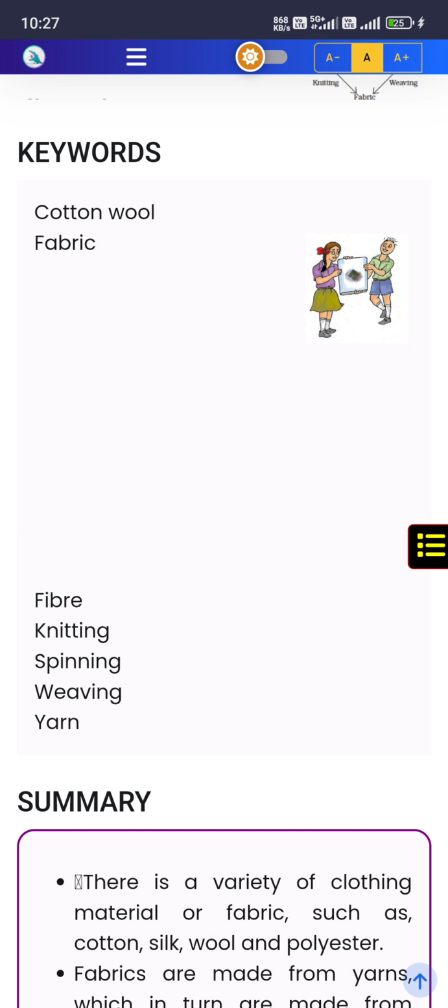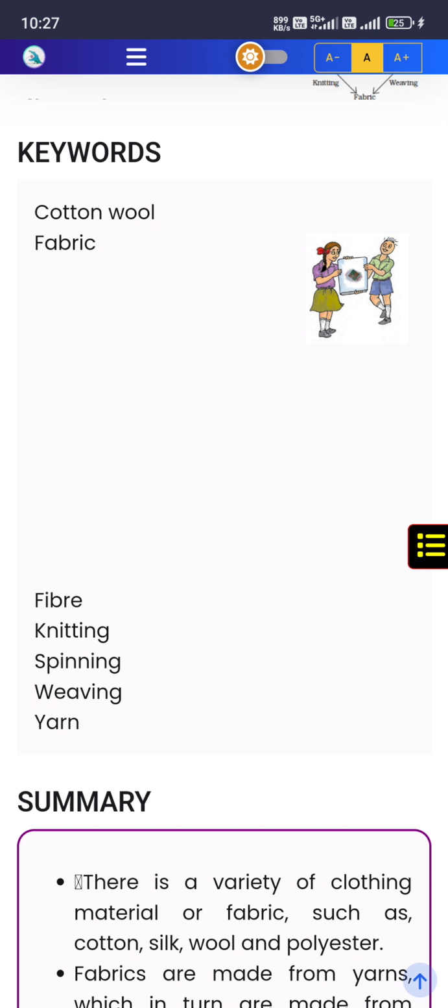What is fabric? Fabric is a piece of cloth that is made from yarn. What is fiber? Fiber is the basic component of our cloth, and it is made from plant, animal, and even synthetic materials. What is knitting and weaving? Knitting and weaving are the methods of weaving yarn into a fabric.